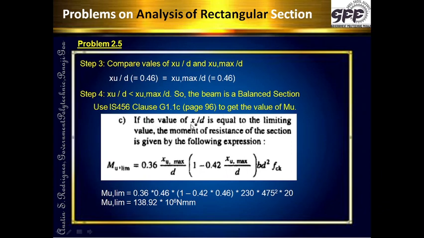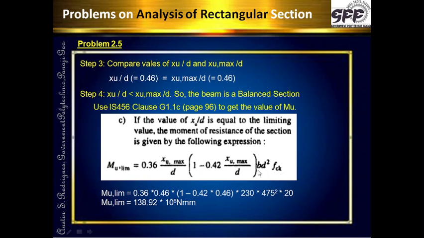Let us have a look at what exactly has been written there. If the value of Xu by d is equal to the limiting value, that is Xu max by d, the moment of resistance of the section is given by the following expression. That is Mu limiting is equal to 0.36 Xu max by d into bracket 1 minus 0.42 Xu max by d into bracket b d square fck.